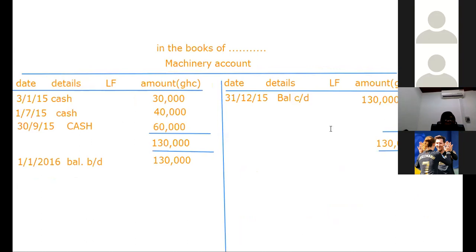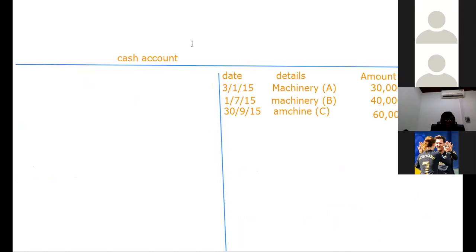You would also have to close the cash account for 2015, assuming these are the only transactions, because we are going to be showing the balance on the cash account as at the end of 2015. So everything that belongs to the period 2015, you must enter it and bring the balances down.